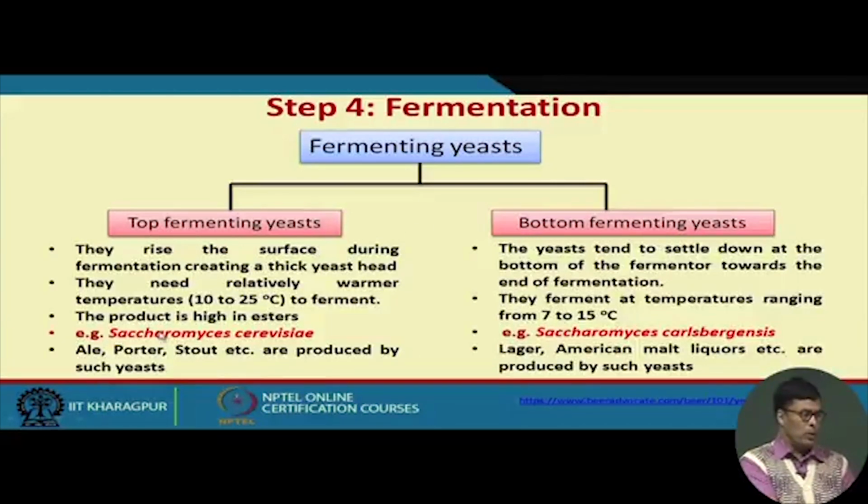I told you the top fermenting is Saccharomyces cerevisiae, and the bottom fermenting is Saccharomyces carlsbergensis. The top yeast rises to the surface. This usually takes place at a higher temperature, and the time of fermentation will be less as compared to Saccharomyces carlsbergensis, which usually takes place at a lower temperature.